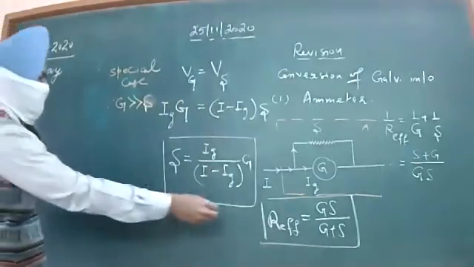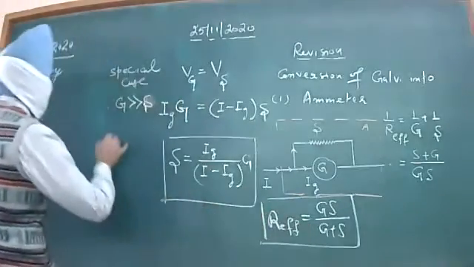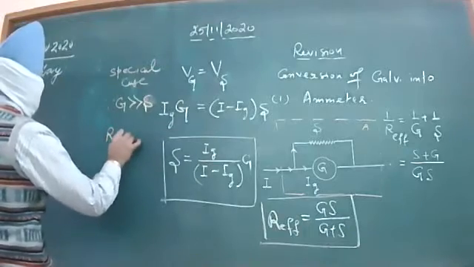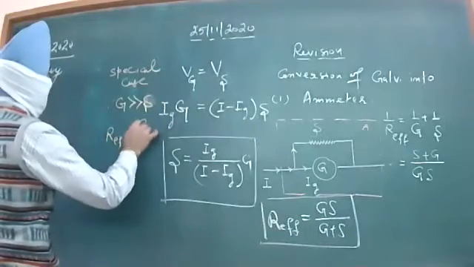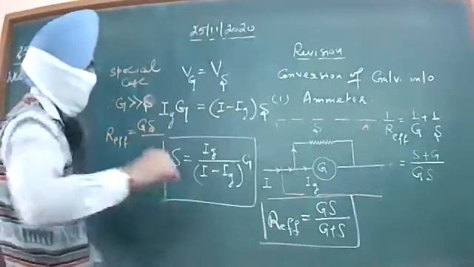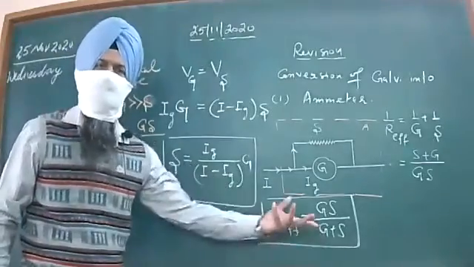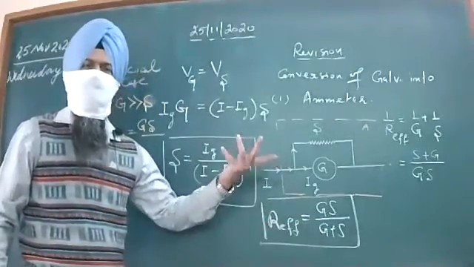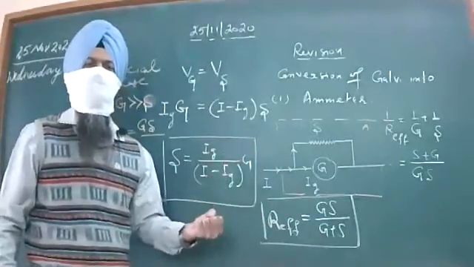If we want to investigate this effective resistance, this will be equal to capital G into S. In the denominator, G plus S will be approximately equal to G, because S is very small.